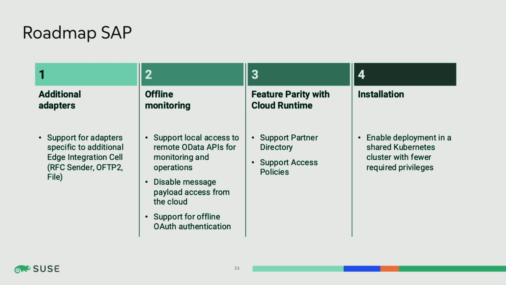But SAP is not saving or storing these messages. But at the end, they will provide an option so that you can disable this completely, and you will also have a local monitoring possibility, so that you don't need to have these messages, running through this infrastructure, read from the cloud system or site.